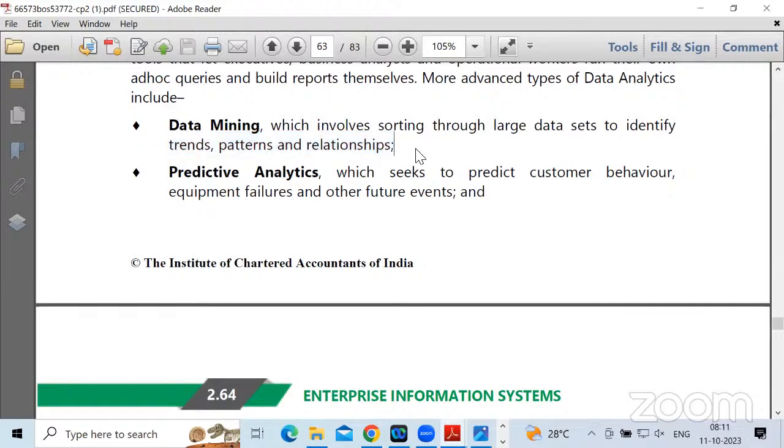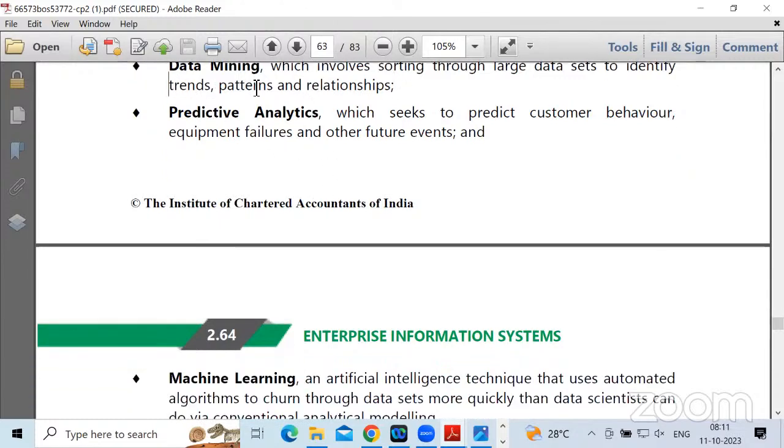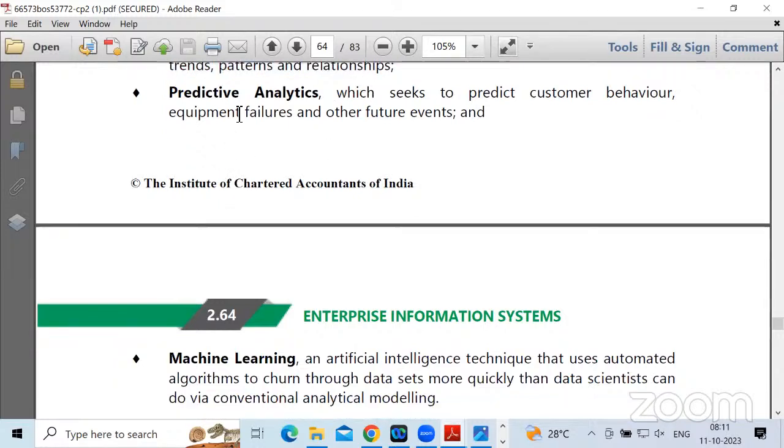People keep on sharing the information, saying that demand will be more, supply will be less. Therefore, you purchase it, you accumulate it. Gold you accumulate, oil you accumulate. Thereby, it is increasing. So it's a pattern of data mining. The trends, patterns, and relationships of the products or any kind of sales or activity can be determined.